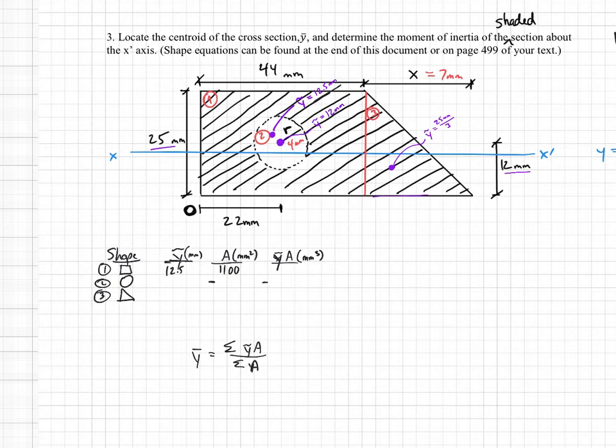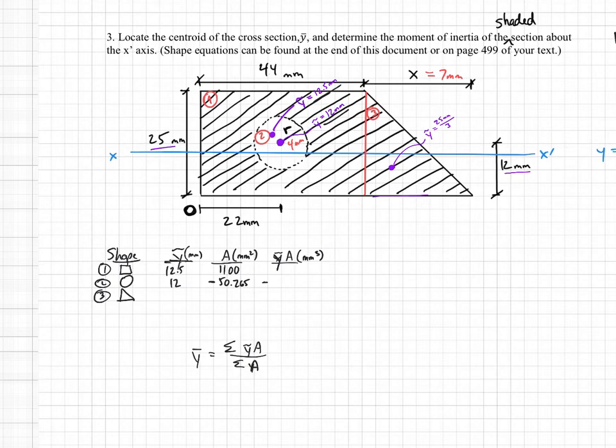And then for the circle, the y tilde is 12. For the area, it's pi r squared, so 16 pi, which is 16 times pi, 50.265. I'm going to have to put it in the calculator eventually anyway.